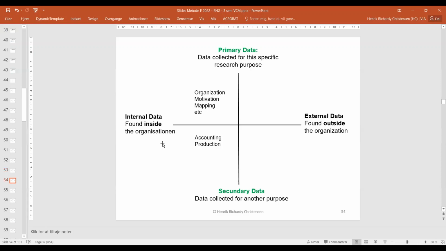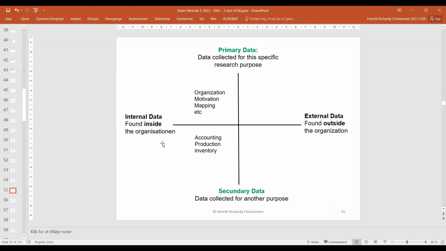And then we might have lots of data from the production department. They may not have collected data about how much they produce, what is the quality, etc., but they might have the data. So therefore, we need to start asking in the production about what kind of data do you have, and then we can take it and use it for our purpose.